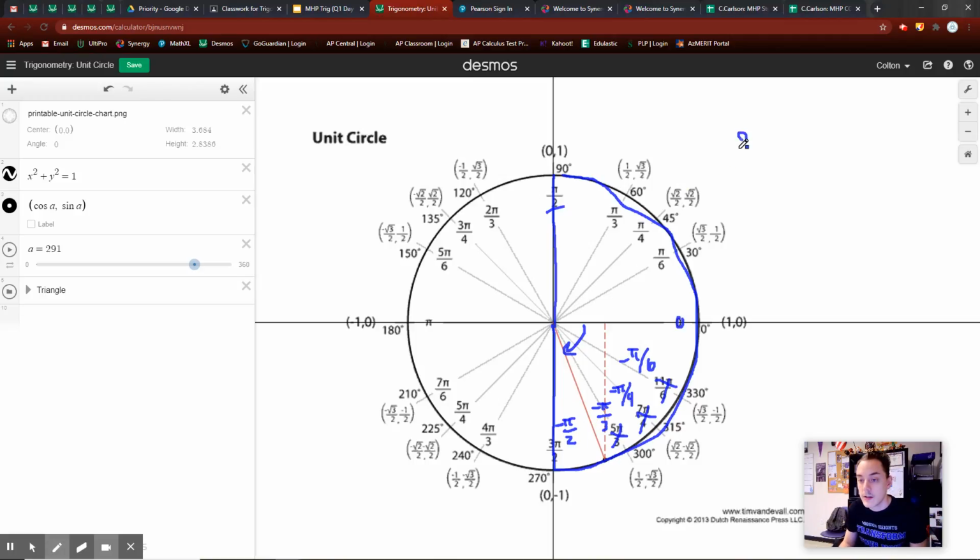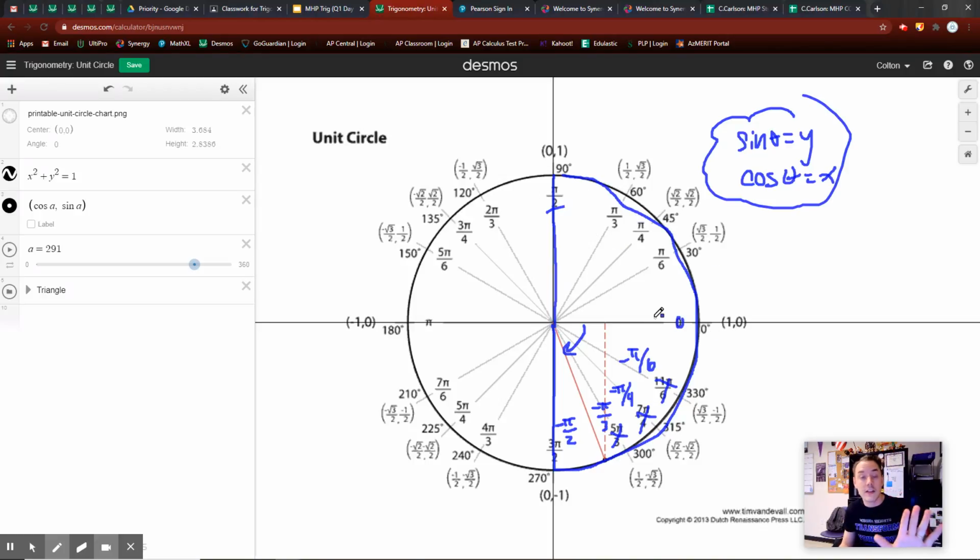Now remember, sine of theta equals y, cosine of theta equals x. So where I just highlighted, on the right side of the unit circle, gives me a y value, a point, of negative 1 down here. Now, is that 3 pi over 2? Well, 3 pi over 2 is the same thing as negative pi over 2.